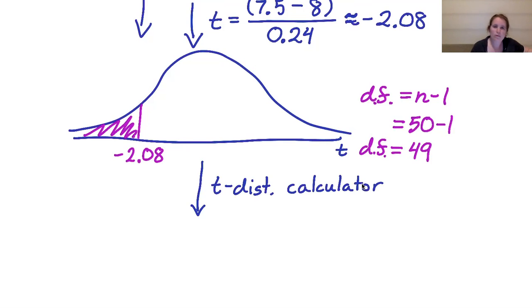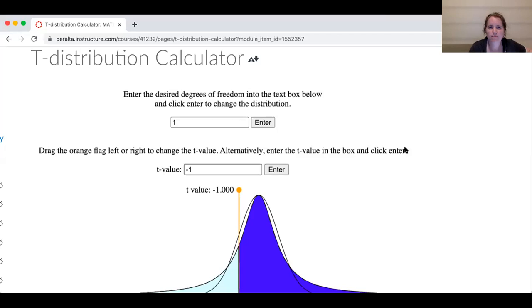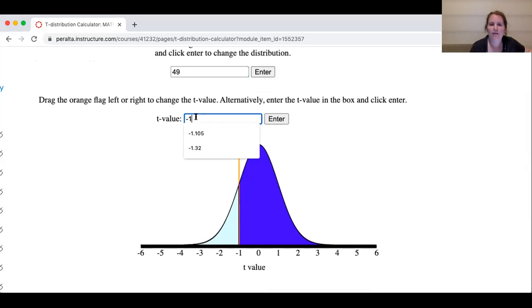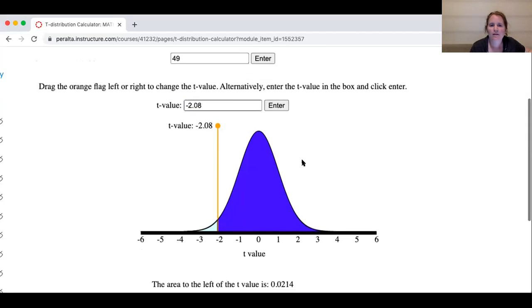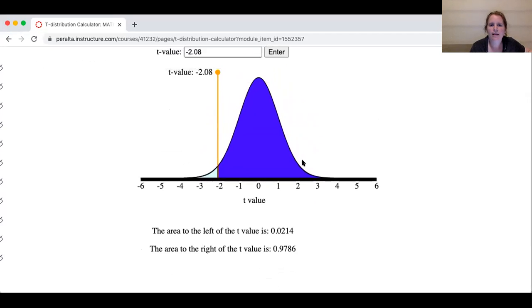So if we go over to our t-distribution calculator, here's our t-distribution calculator. Our degrees of freedom was 49. And our t-value, or t-score, was negative 2.08. And then we were looking to the left.